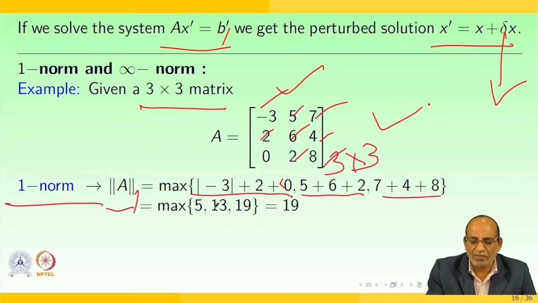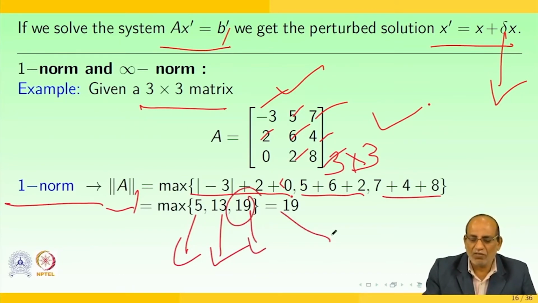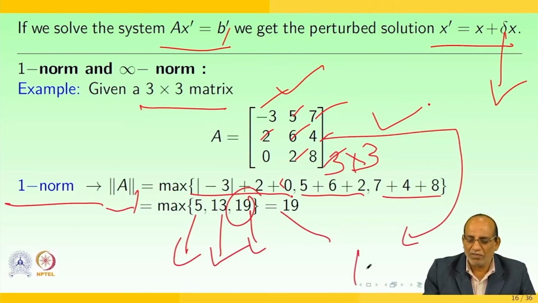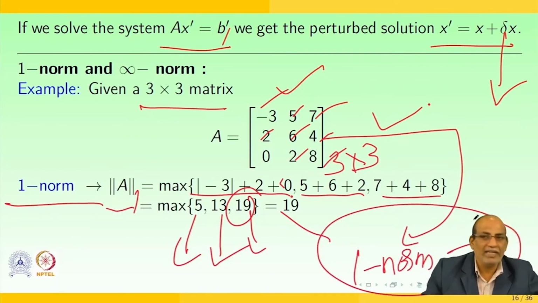So this is 3 plus 2, 5, plus 0; 5 plus 6, 11, plus 2, 13; and 7 plus 4, 11, plus 8, it is 19. So the maximum value is 19. Therefore the 1 norm is equal to 19.